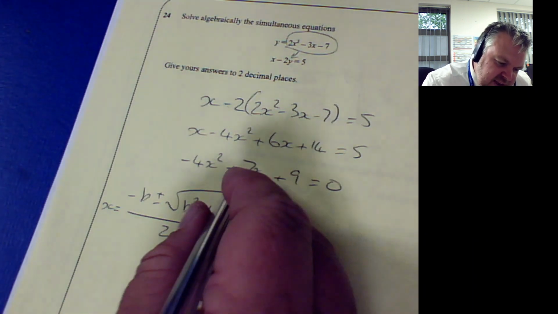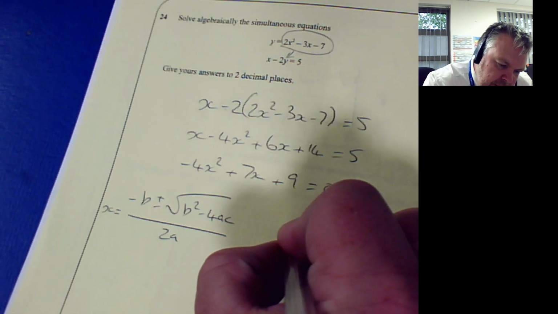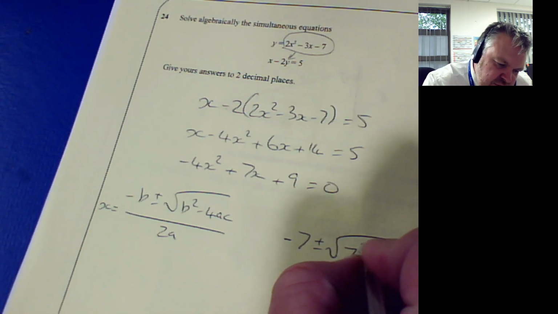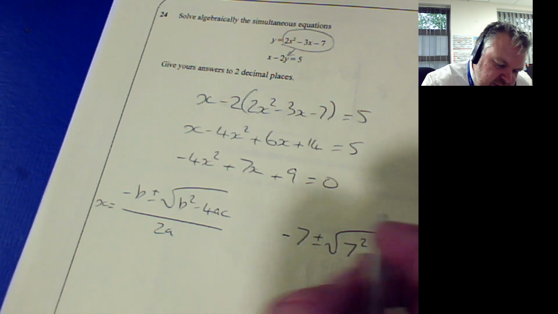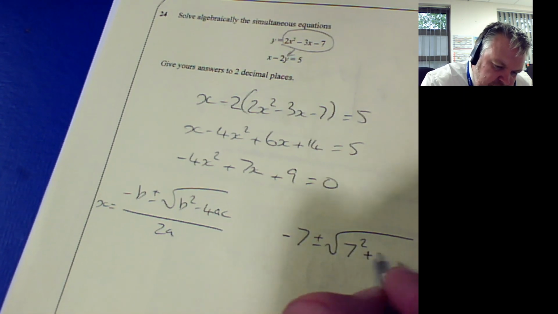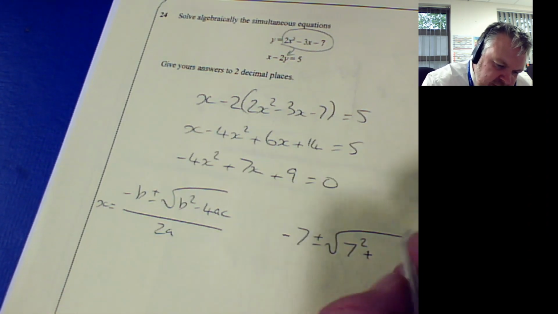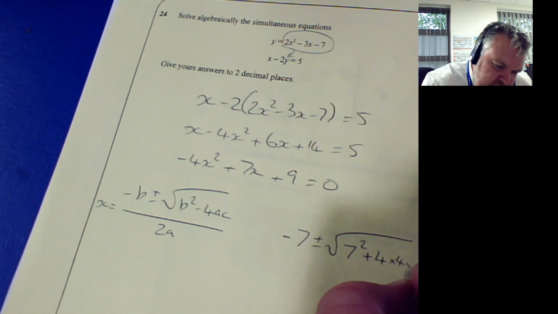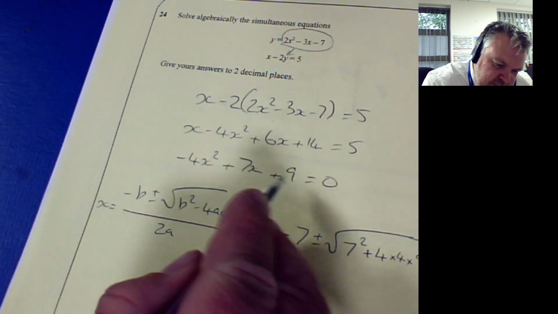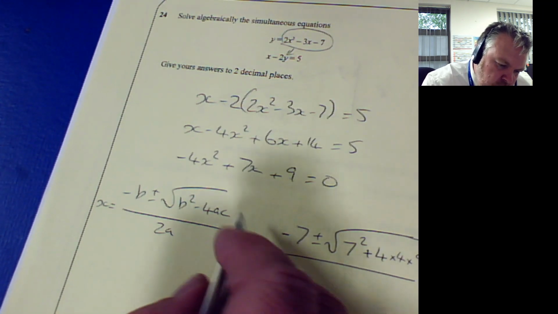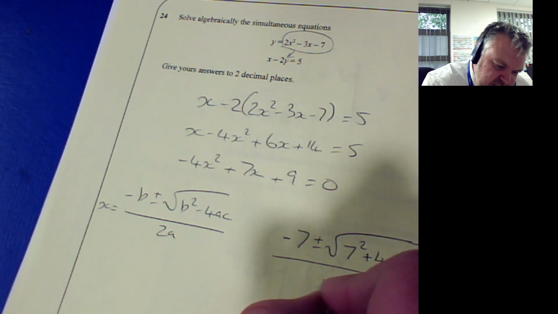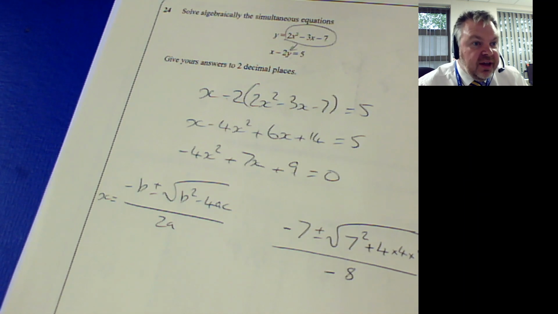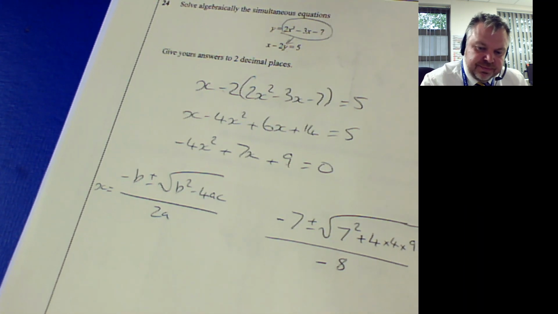b is 7, so I've got minus 7 plus or minus the square root of 7 squared minus, I've got a minus and a minus, so plus 4 times 4 times 9. There's my c, there's my a, all over 2 lots of a, which is minus 8. At this point, I'm just going to type it into my calculator.